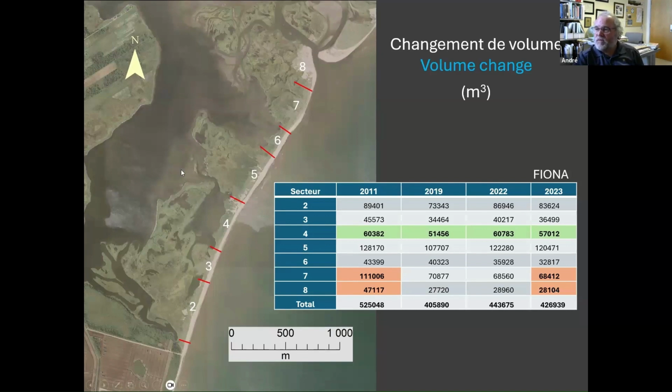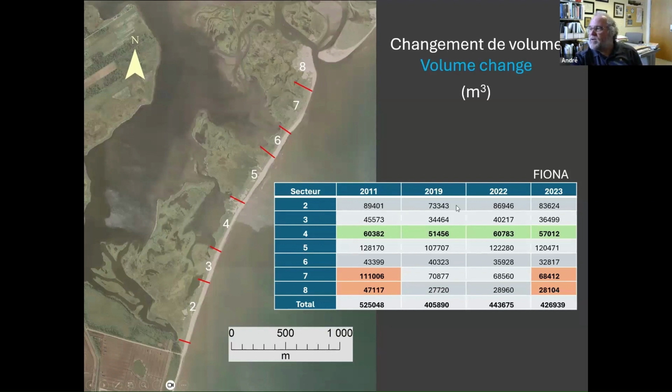I'm not going to show you all these numbers, but to show you a little bit of what we're doing, we have a sandbar here divided into sections. And for all of those sections, we calculated the volume of sand. We flew over it with a drone and created a 3D model, which is extremely precise, right down to a cubic centimeter, hyper precise.